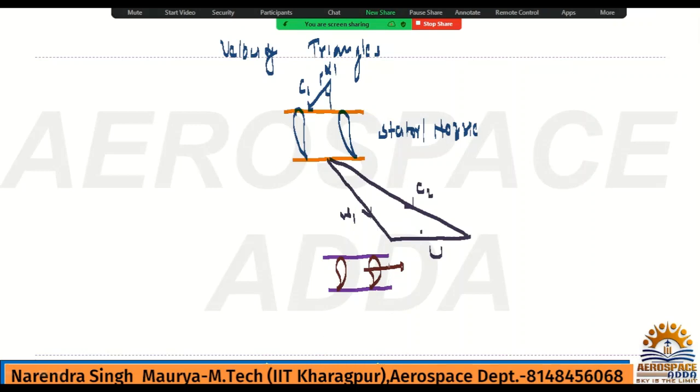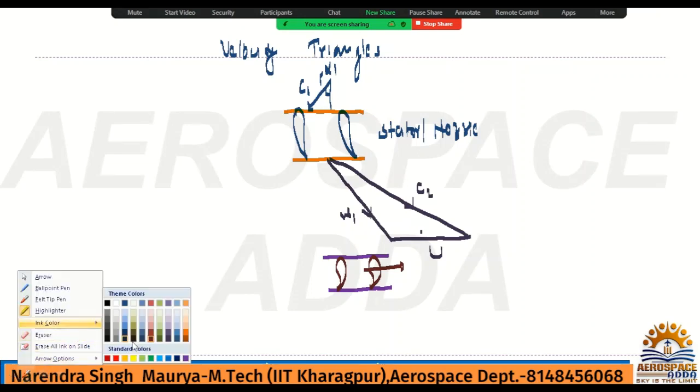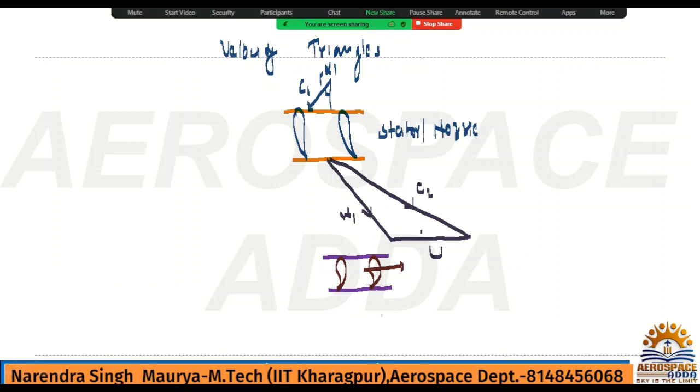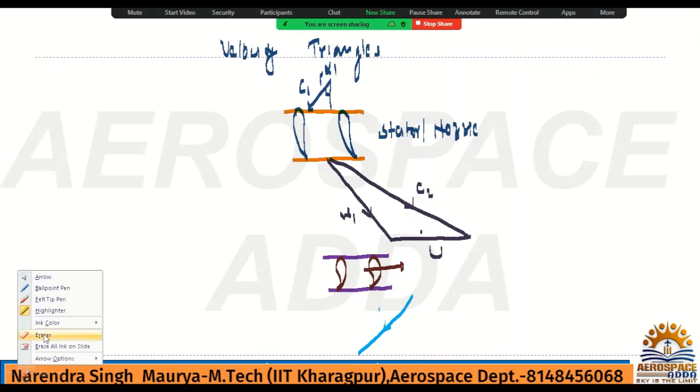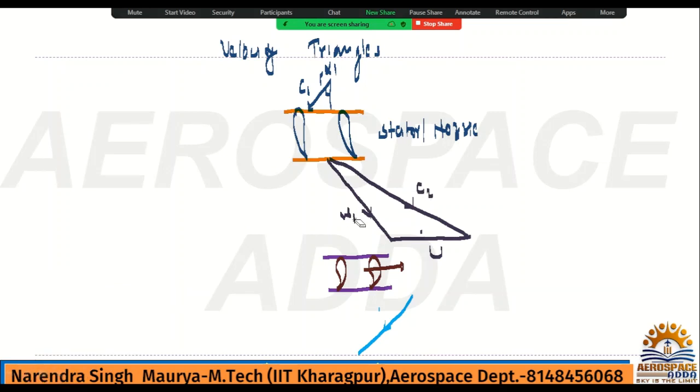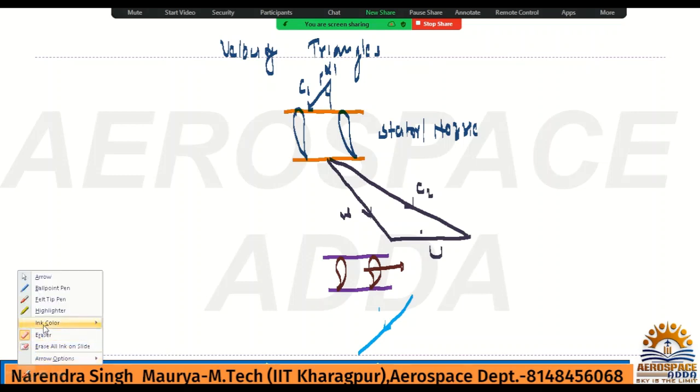So inlet for the rotor will be relative velocity and exit will also be relative velocity. This is the exit for the rotor. Better, because this is point 2 we are taking, so there should not be any confusion. This is C2, hence this is W2, because this is point 2 we are talking about.